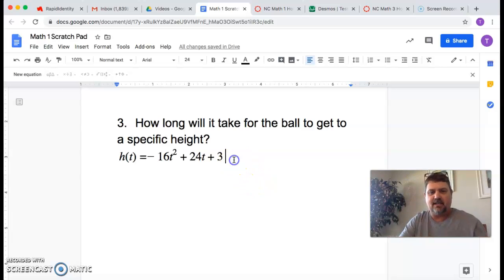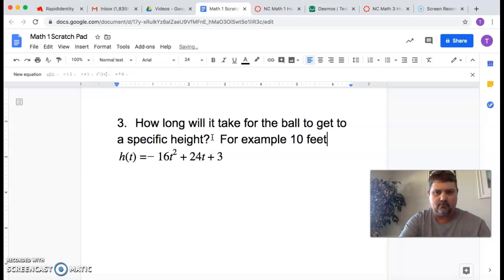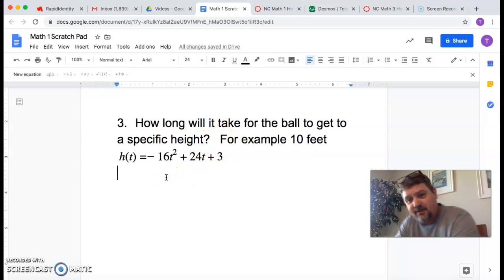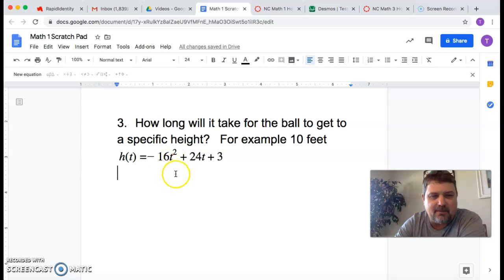Let's suppose for a second the height is, for example, 10 feet. A mistake I see all the time is a person plugs that 10 into their function. That's putting something in here that doesn't belong. This function does not take in feet. It takes in times. You can't plug a 10 into this. It doesn't even make sense.